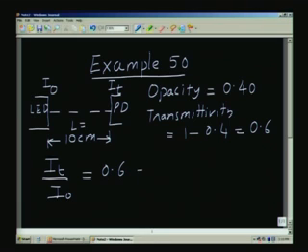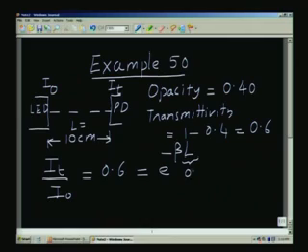This we will write as e to the power of minus the extinction coefficient beta multiplied by L. So, 0.6 equal to e to the power of minus beta times L. L is known, this is nothing but 0.1 meter. So, I can work out the value of beta, that is what we would like to do.